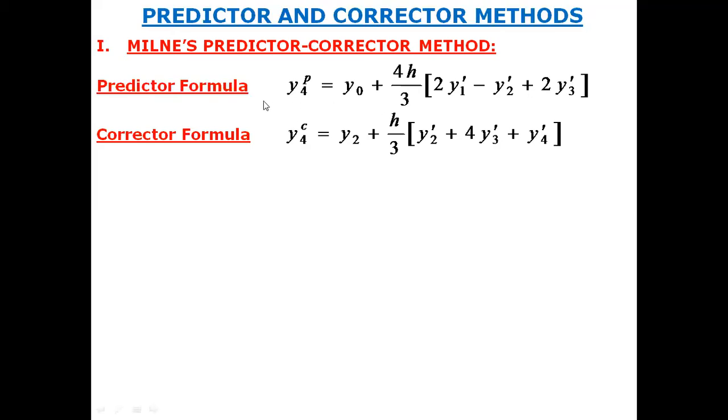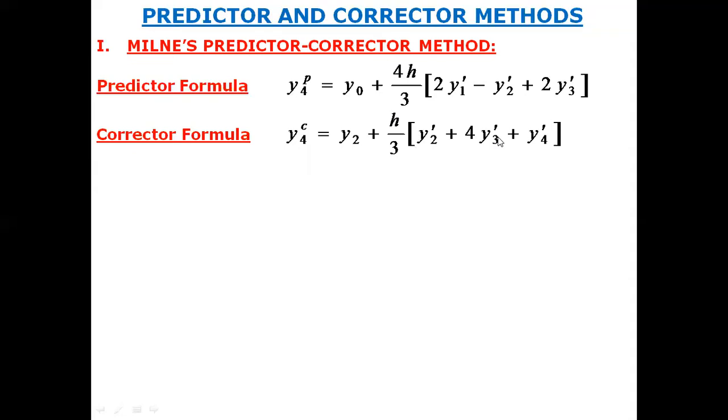So there are two relations here, one for prediction, one for correction. Easy to remember: y0 plus 4h by 3, and y2 plus h by 3. The coefficients alternate, plus minus plus 2 1 2 in the predictor, and 1 4 1 in the corrector. You can remember like this.